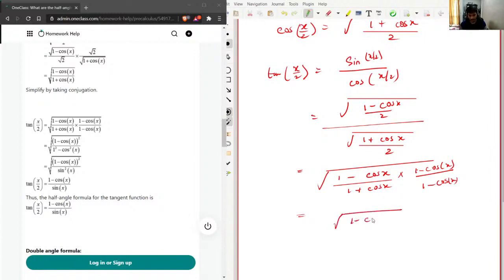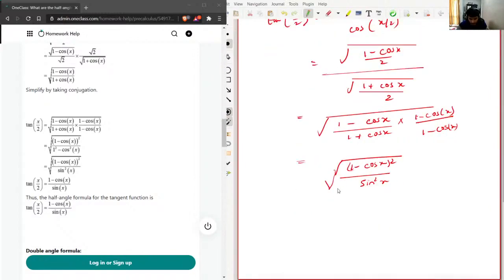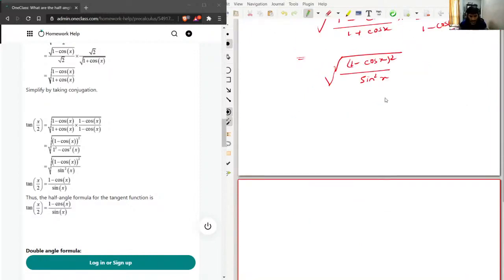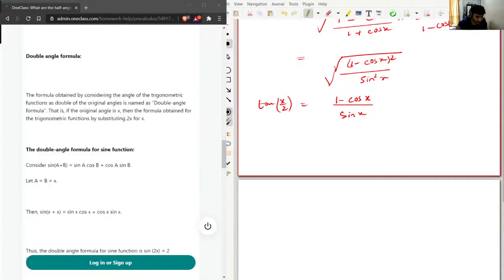The numerator will be 1 minus cosine x whole square over sine square x. This is operated on both of them. And finally, this will become 1 minus cosine x over sine x. So I guess finally we have done this one.